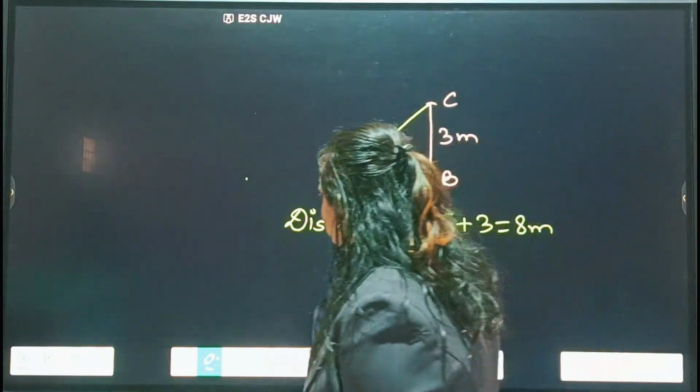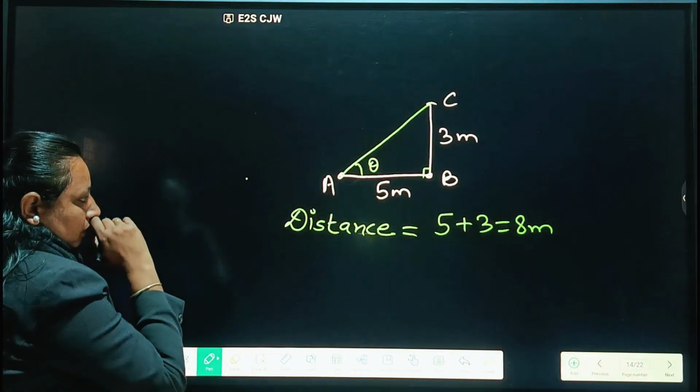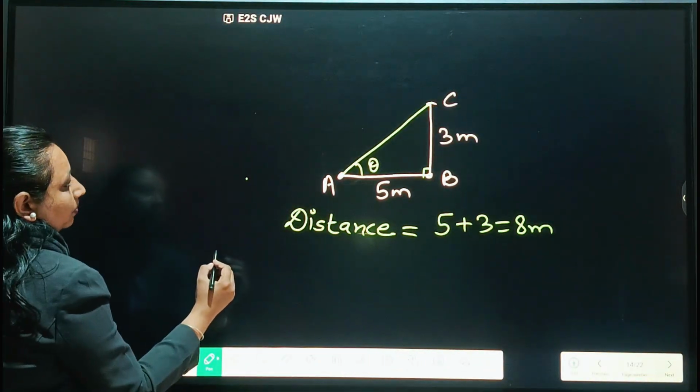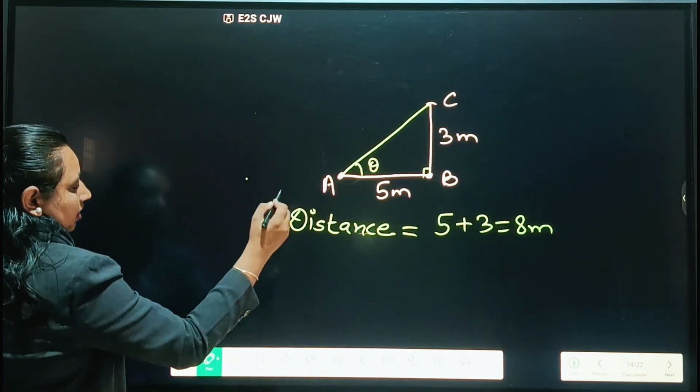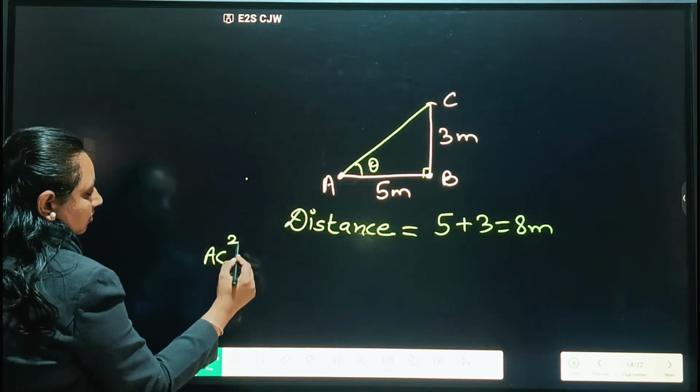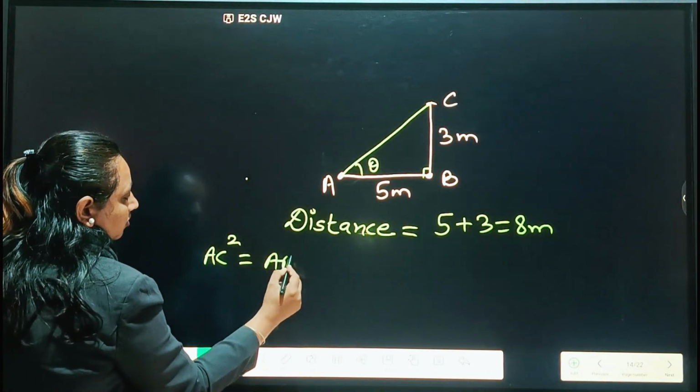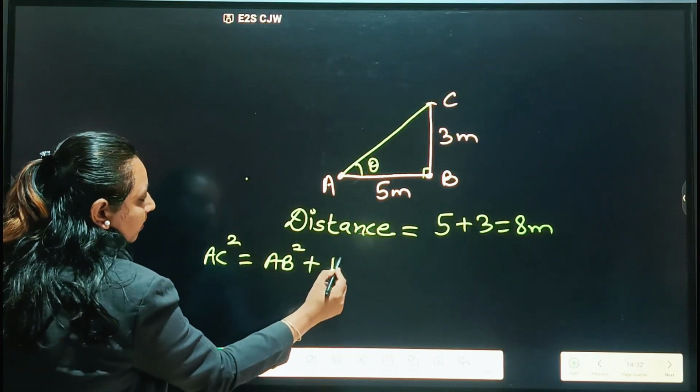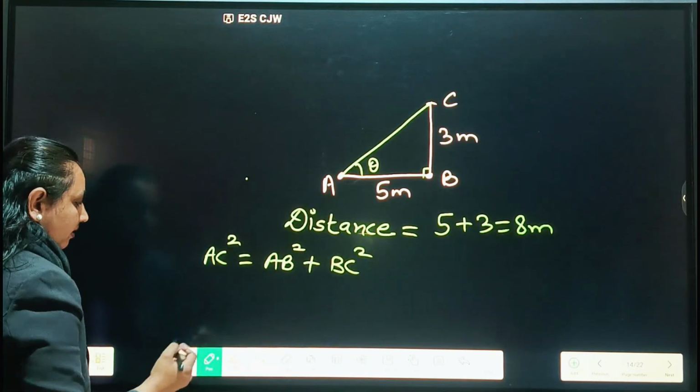ठीक है, by taking this theta. AC square is equal to AB square plus BC square.